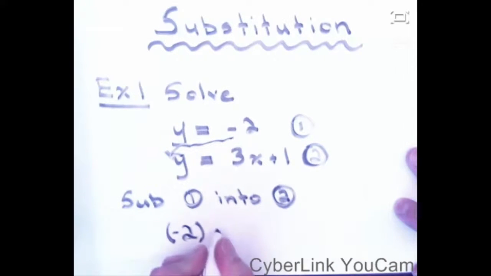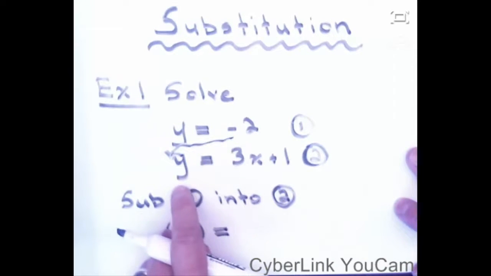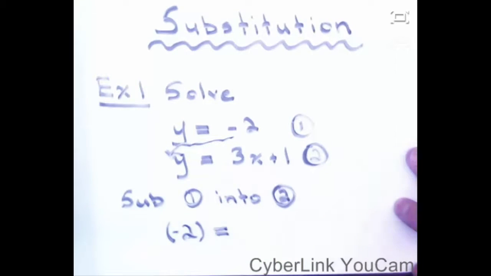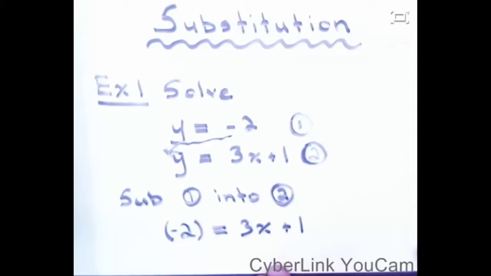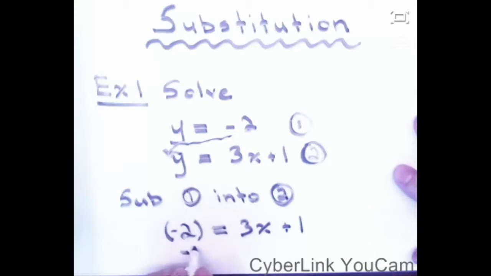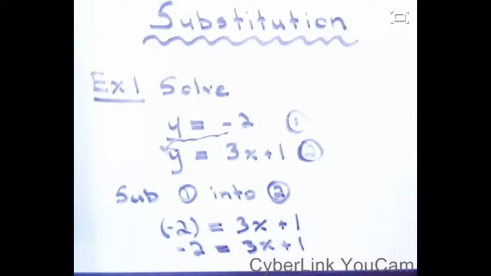The second equation says y equals 3x plus 1. I've substituted minus 2. Now I write the rest out: 3x plus 1. What's left to do now is what's called solving. So let's clean this up. This is really just minus 2 equals 3x plus 1. Now we need to work on solving this.